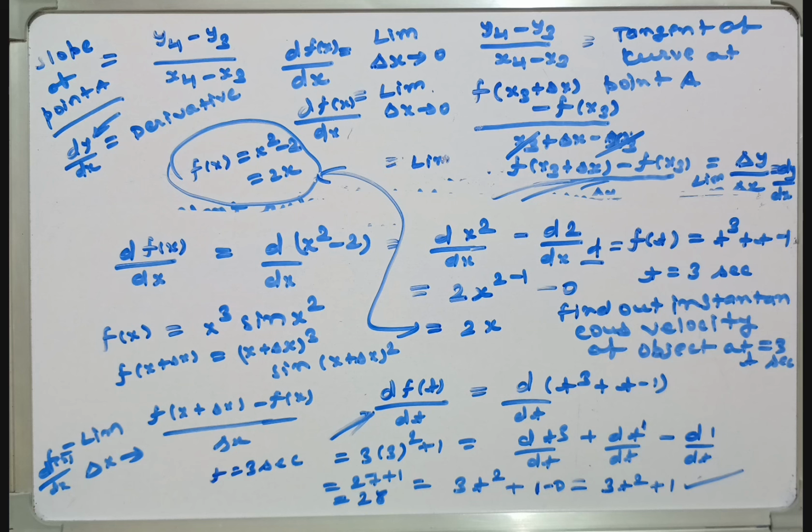So for finding the derivative of this one, guys, you need to know some more rules of differentiation, then you can find the derivative of such type of function. See what the rules are. The next rule is, guys, the product rule.